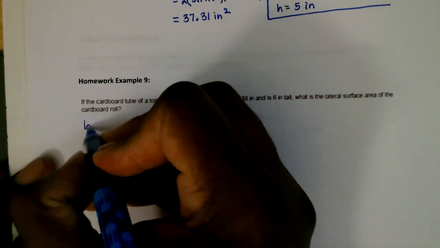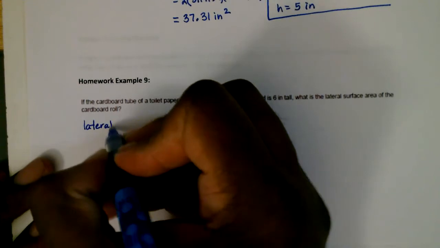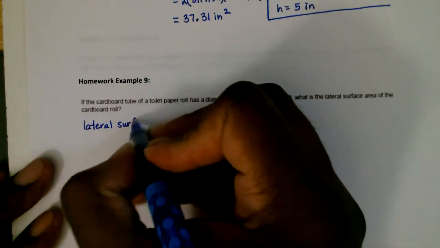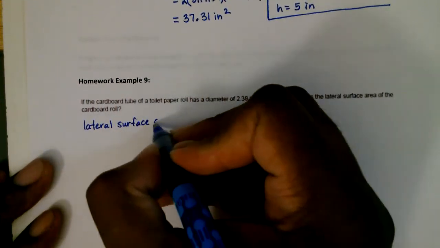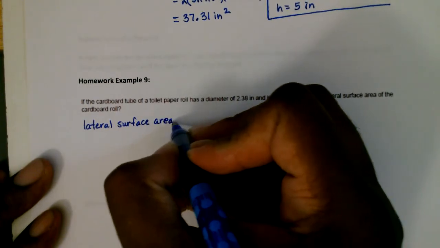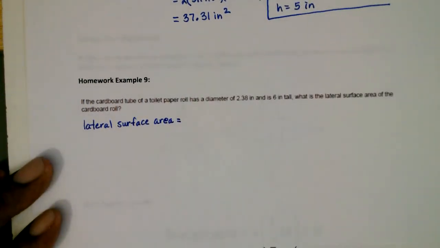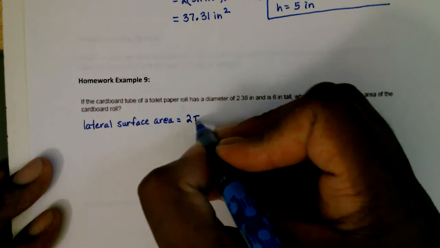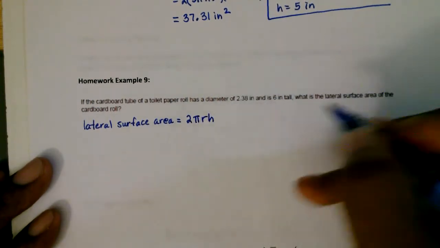Okay, so in this case, again, we're finding the lateral surface area. And that roll of toilet paper is like a cylinder, so the lateral surface area of that cylinder will be 2 pi r times h.